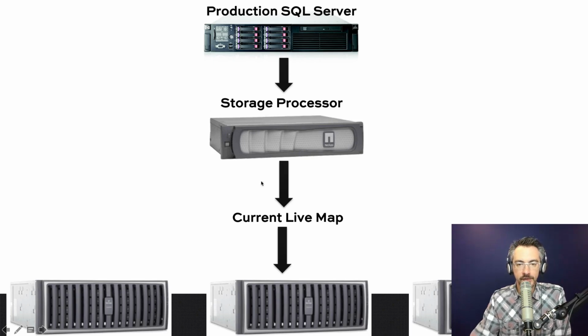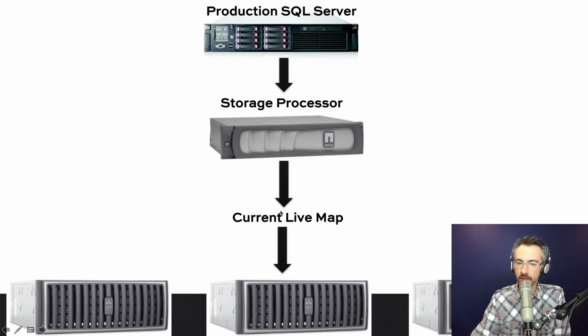In this screenshot, I'm using a picture of a NetApp, but the same thing works with EMC, Hitachi, Dell, EqualLogic, Compellent, whoever. I've got my SQL Server hooked up to my shared storage, and the shared storage manages where all my data lives, what parts of it live on these hard drives, and these hard drives.